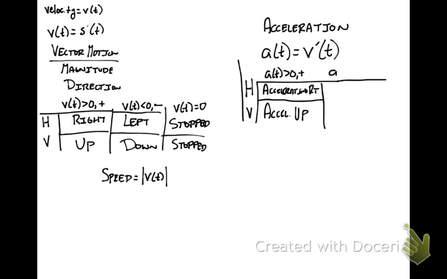When acceleration is less than 0 or negative, then the direction of our acceleration will be left horizontally, or down vertically. And when the acceleration equals 0, this means the velocity is not changing.